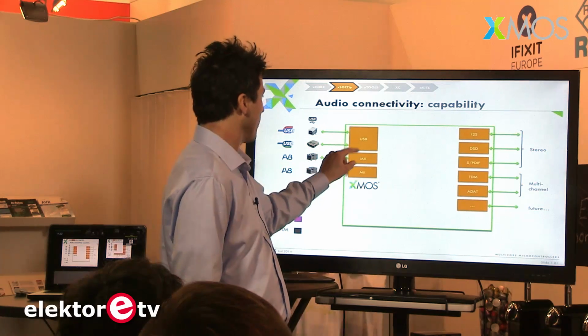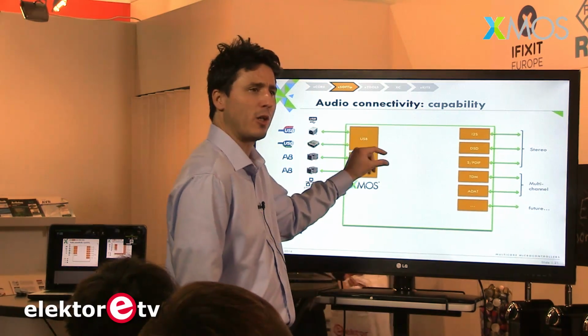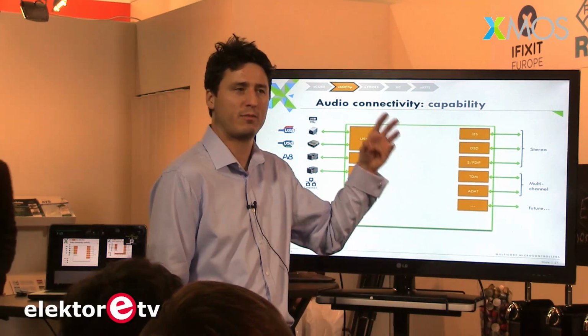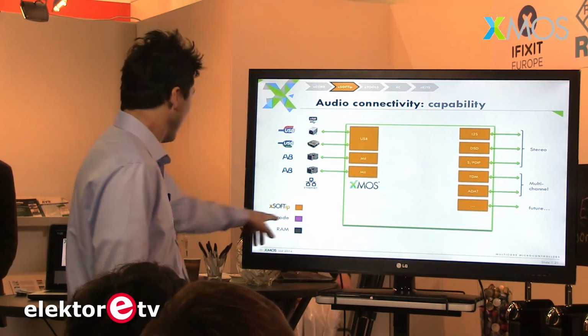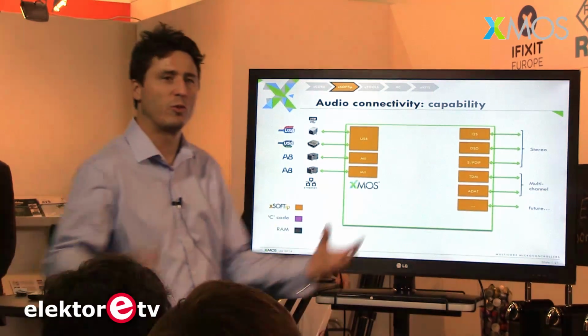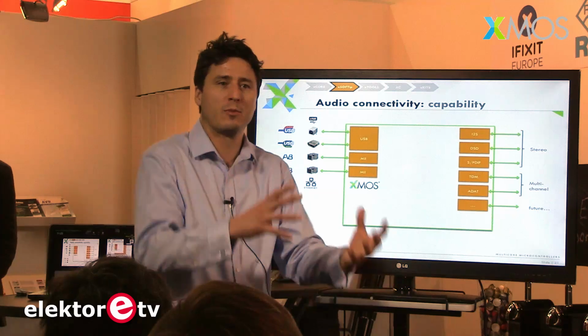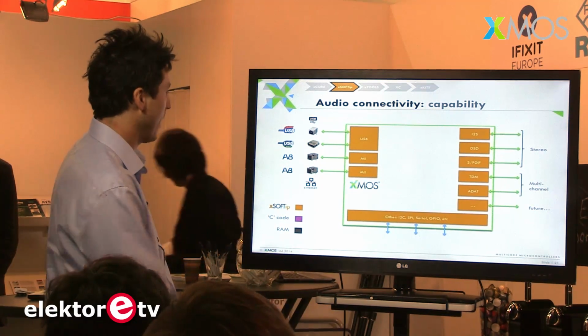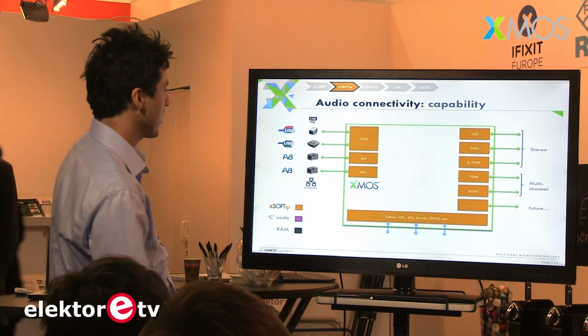I should have said something about the color code. The orange blocks are xSOFTip blocks that you can get directly in the tool. And the purple is custom code to bind it together, to bridge between those interfaces. Again, your standard serial buses.